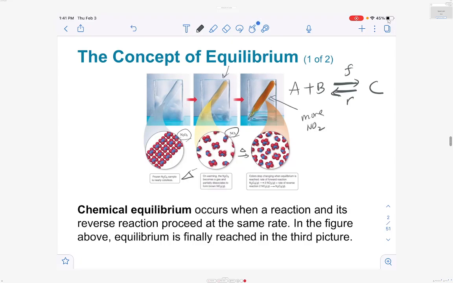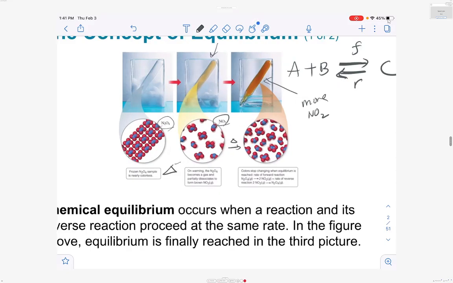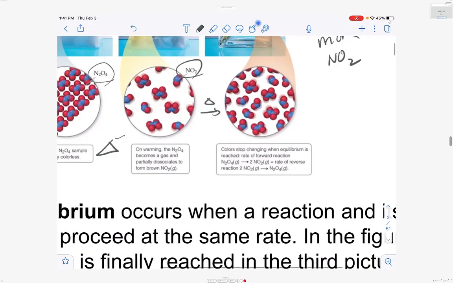But the tube does not get any darker because equilibrium is reached, where we have an equilibrium mixture of dinitrogen tetroxide and nitrogen dioxide in the tube.